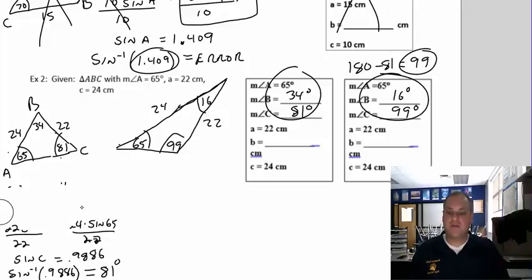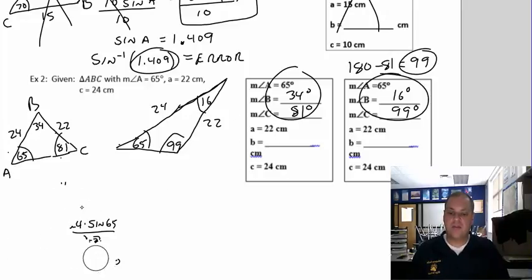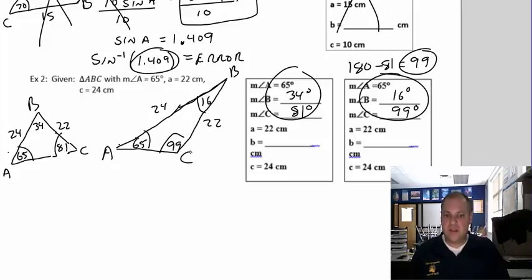I'm just going to erase this just so I have room on here. I don't want to mess you up. So now that we have these two triangles set up, now I'm finding B. This was A, this is B, and this is C. Two different possibilities with a 65 there. So now I'm going to do 22 over the sine of 65 equals, now I'm finding little b here, b over the sine of 34.